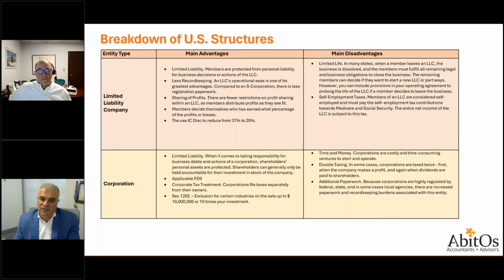So why are private equities moving here? Well, obviously because of the state income tax, but most private equities that invest, for instance, in intellectual property, if they sell their stock in that company, they could exclude $10 million or up to 10 times their investment.